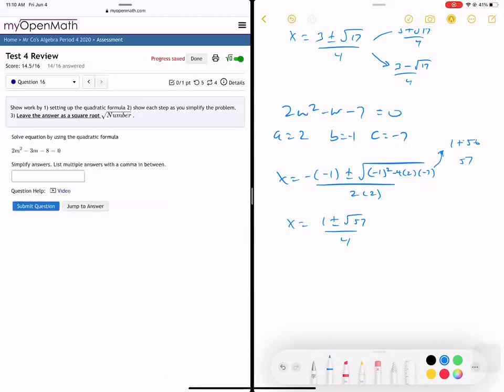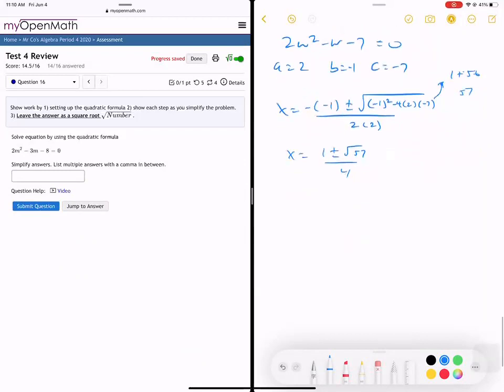Okay, and the last one is the same type of problem. Let's do it one more time. 2m squared minus 3m minus 8 is equal to 0. So a is equal to 2, b is equal to negative 3, and c is equal to negative 8. I can't stress enough that you guys should write down the ABCs.